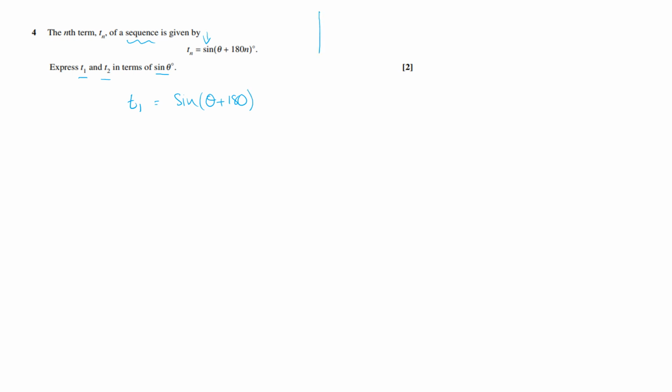Now if we think about the sine graph, and then say we had a theta, what is the sine of the theta, and then we add 180, it's going to be minus the sine of the theta. But you could do your addition formulae. This would be sine theta cos 180 plus cos theta sine 180.